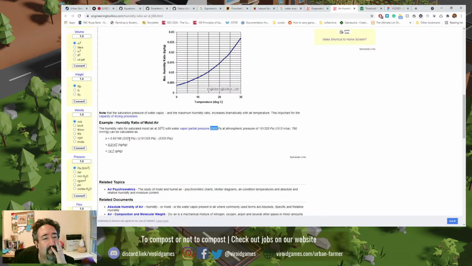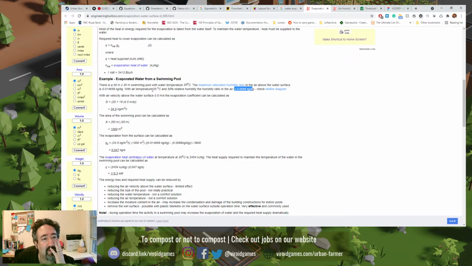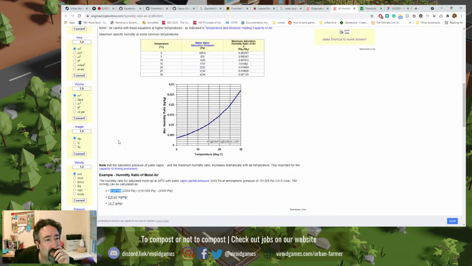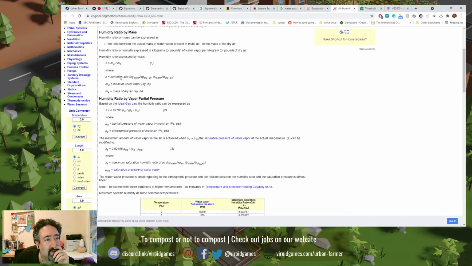Is this over this minus this? What is this? Is that the same number that we saw here? No. 62.198. We actually got to that 62.